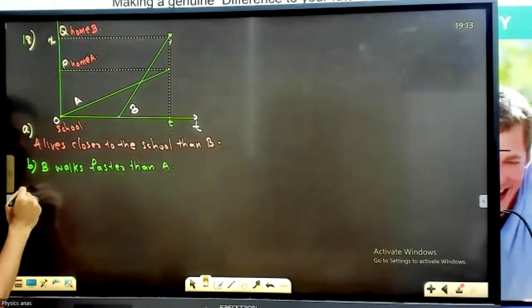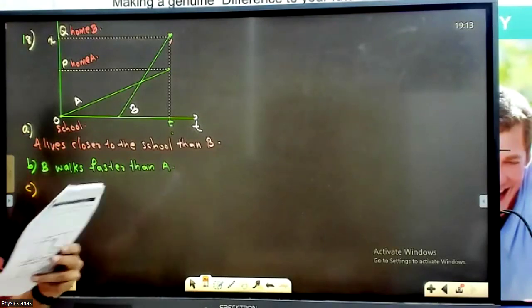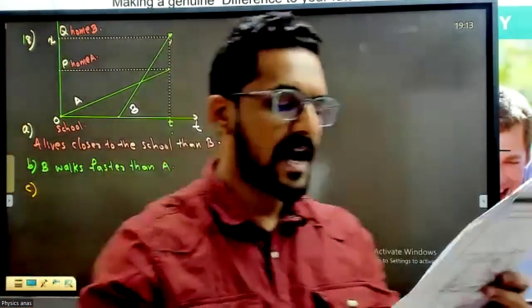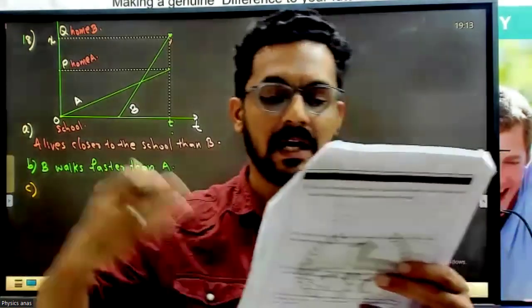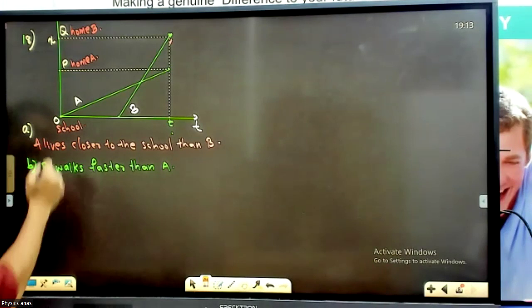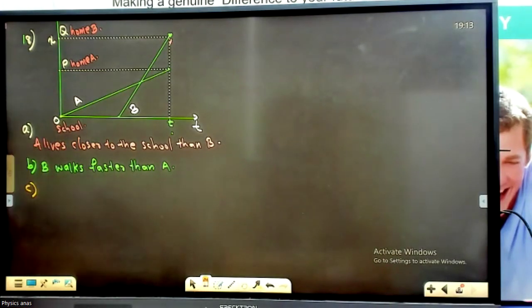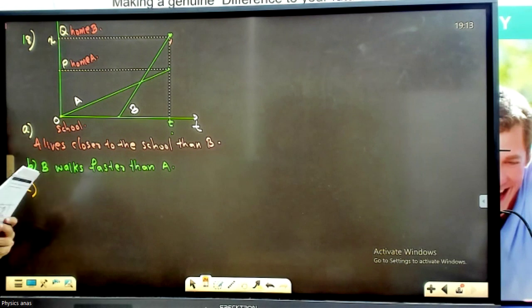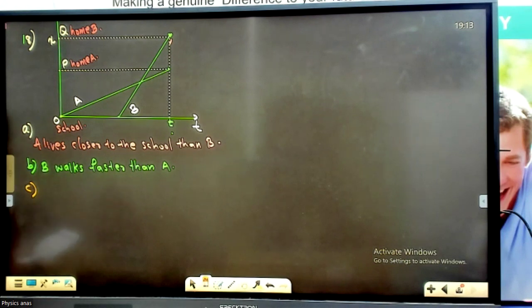Okay, then look at the third one. C. A or B starts from the school earlier than B or A. That's so evident, right? A has started from the school earlier. B has started late. Who is starting from the school earlier?